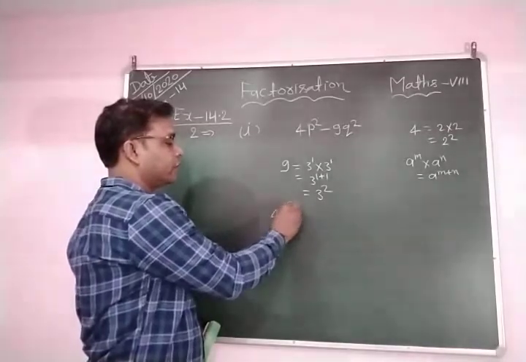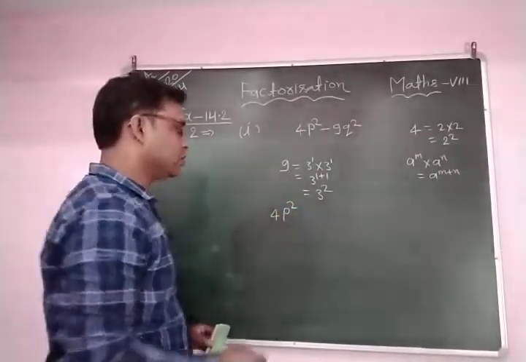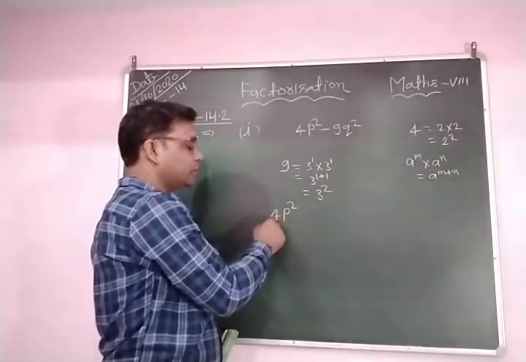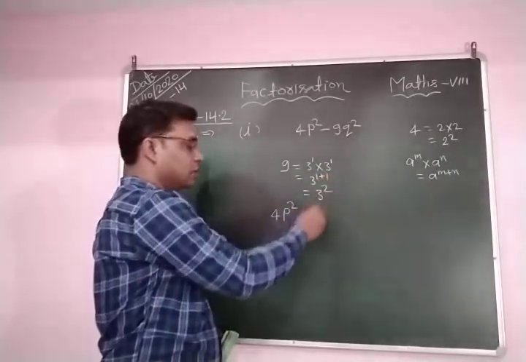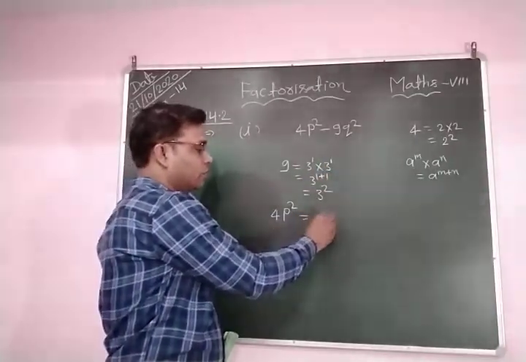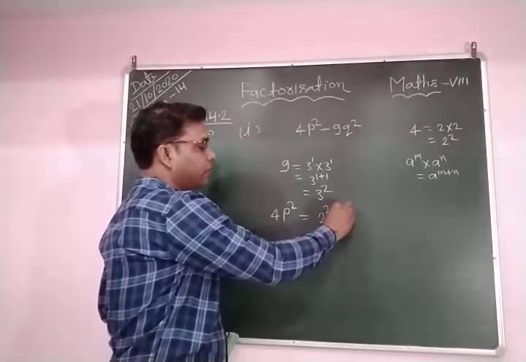Okay, but here we have 4p square. So here we write 4 is equal to 2 power 2, and in this way you can write 2 power 2 into p power 2.